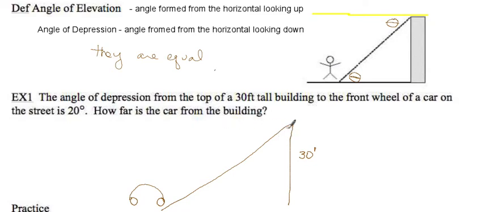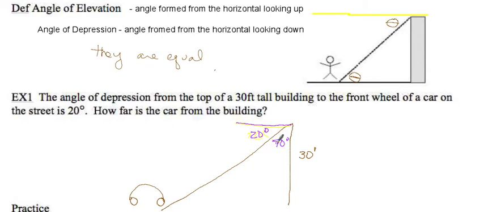No, it's from the horizontal, which is here. This is 20 degrees, which you cannot see. This is 20 degrees from the horizontal down. So this has to be 70 degrees to form this nice right angle, doesn't it?